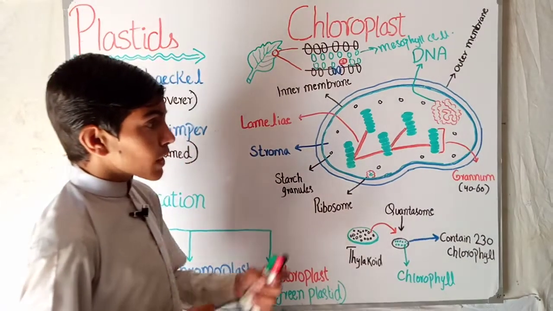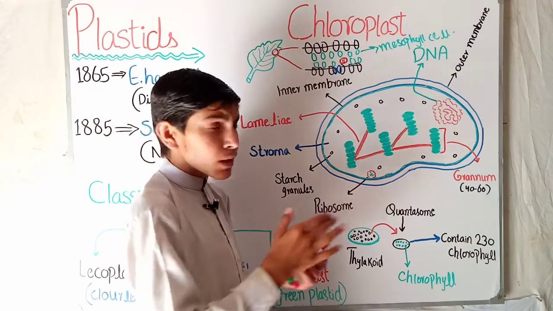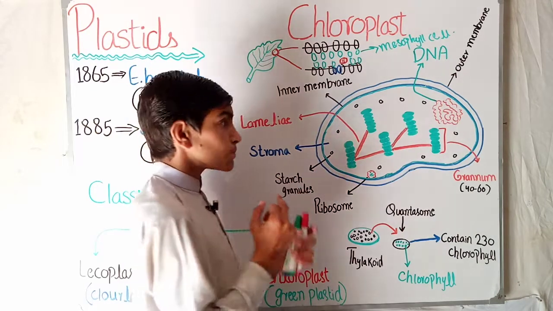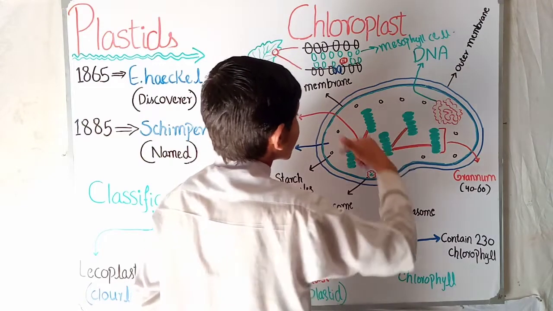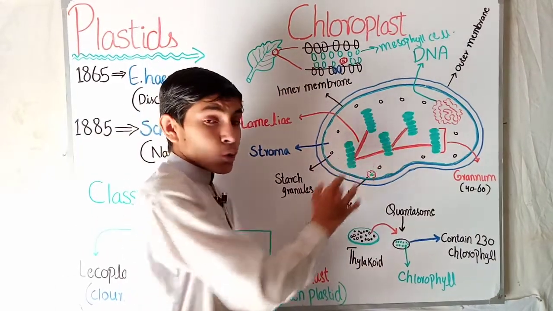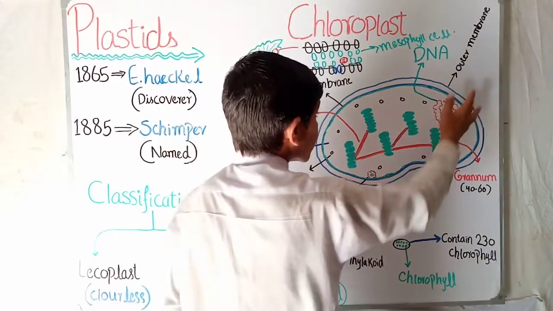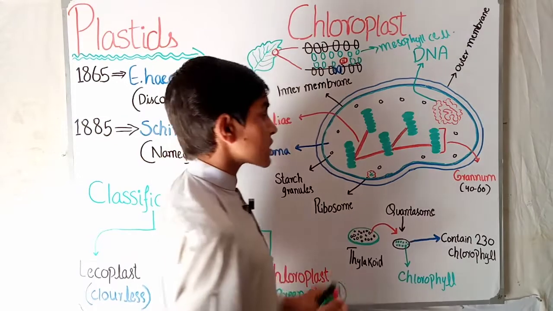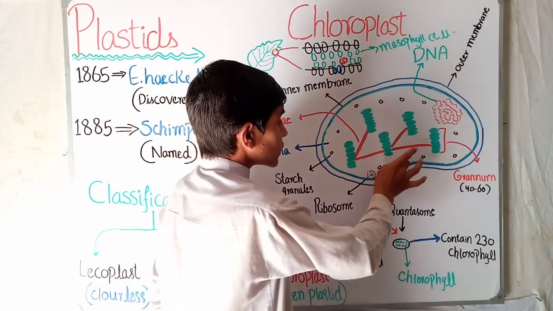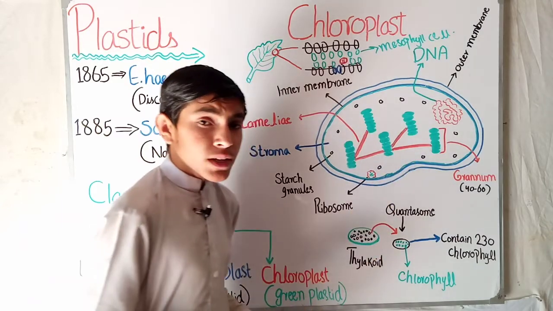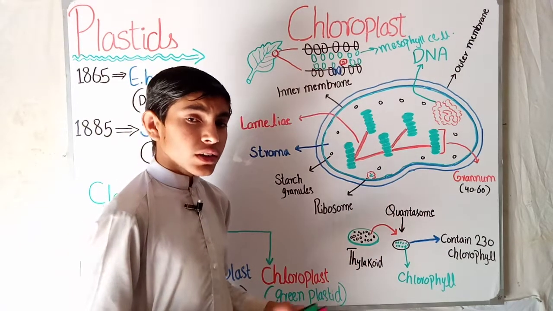The inner membrane is also flexible, but it looks greenish, and it contains all the content of the chloroplast, while the outer membrane gives protection to the inner content.